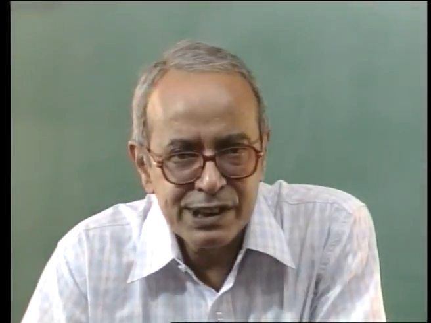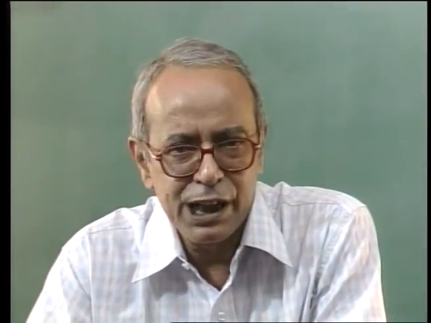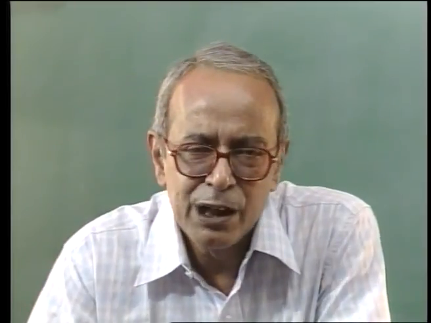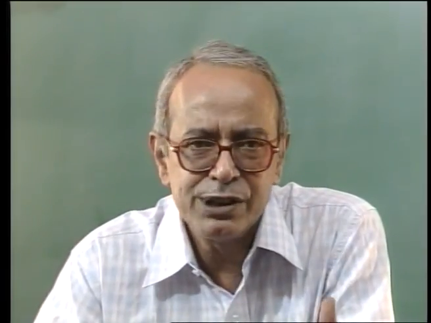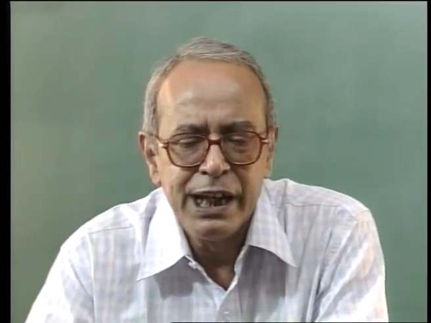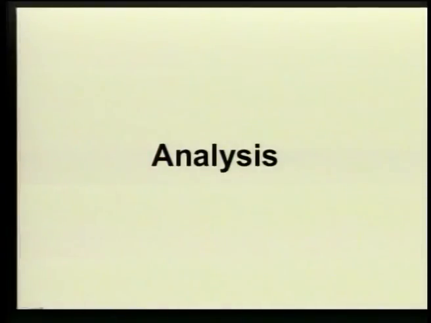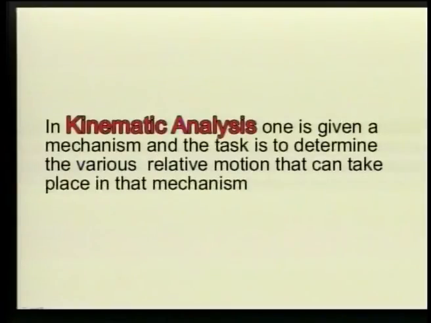Now that we have discussed different kinds of kinematic pair and different types of linkage, let me say what is the subject that we study in kinematics. In kinematics there are 2 types of problems. One is called analysis. In kinematic analysis, one is given a mechanism and the task is to determine the various relative motions that can take place in that mechanism.